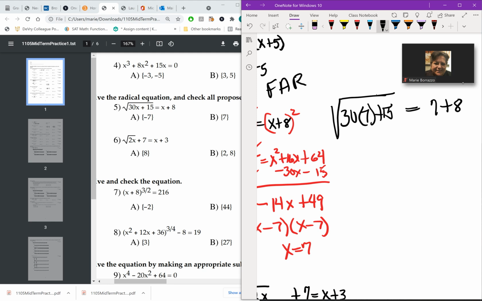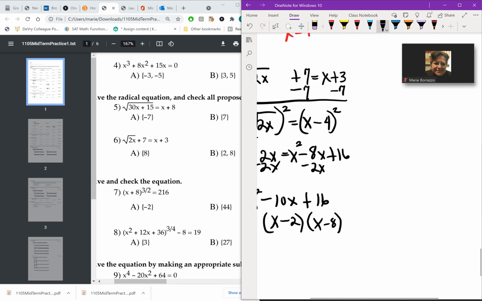So the square root of 30 times 7 plus 15 gives me 225. Is that equal to 15? Obviously, if I take the square root of 225, I get 15, so it checks out.